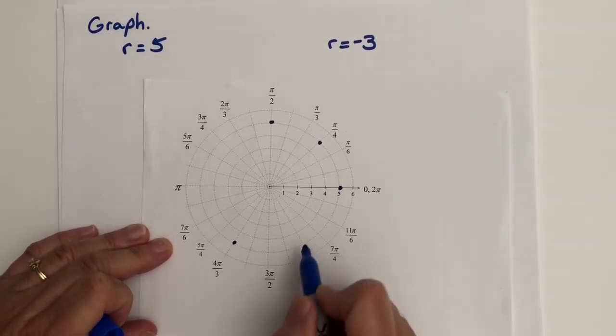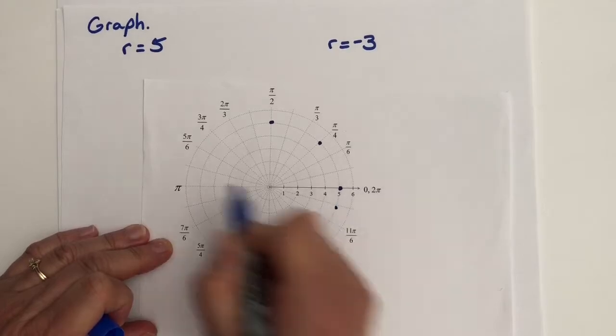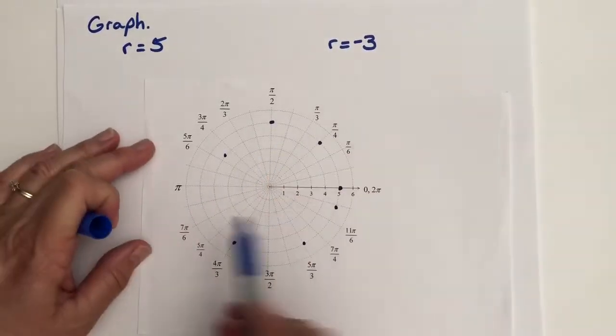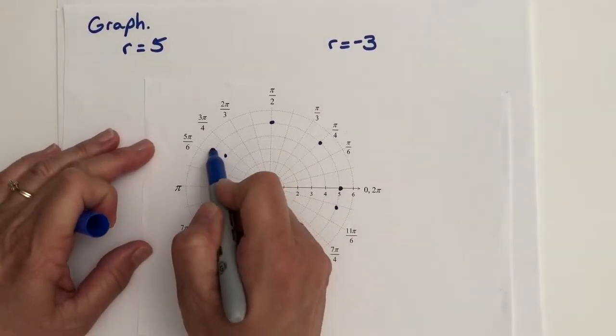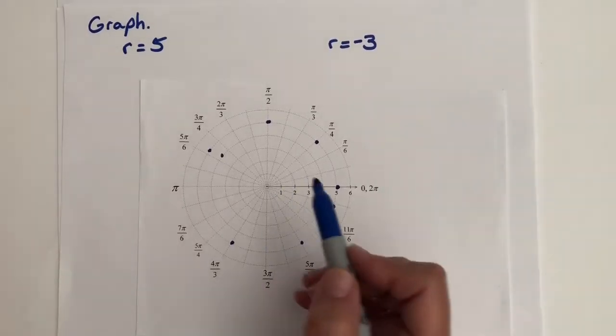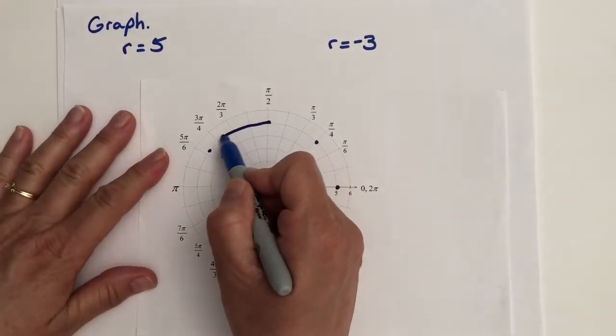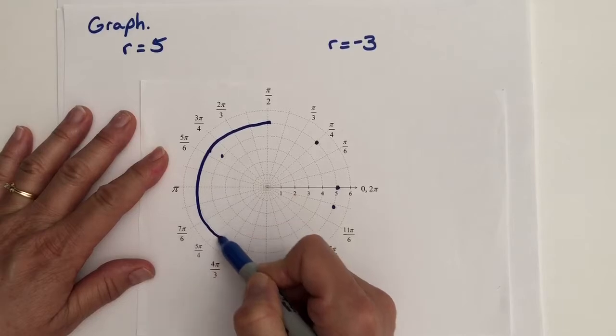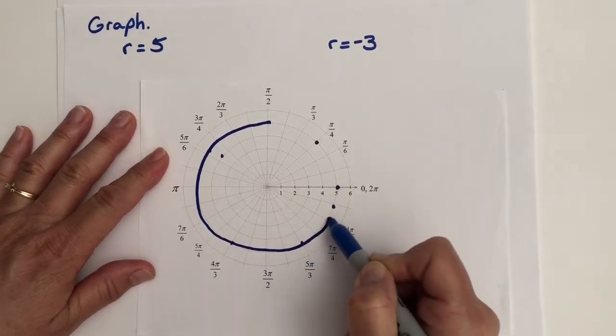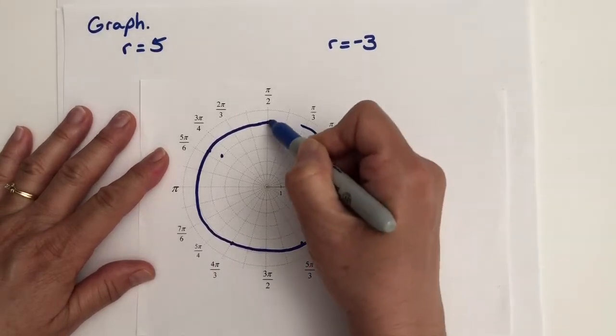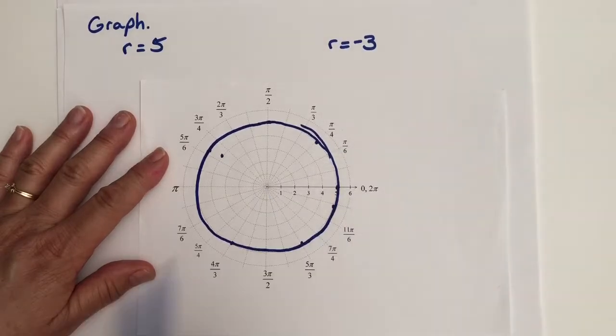And you can continue and you would find all such values. Oops, not that one. That was 4. Here we are at 5. And we would connect all these points, and you find that you have a circle with radius 5 centered at the pole or the origin.